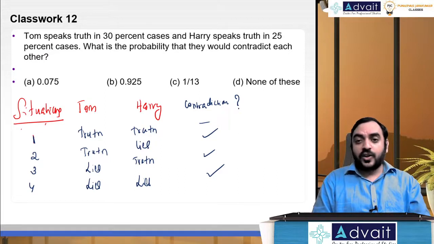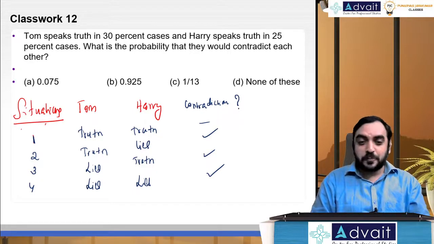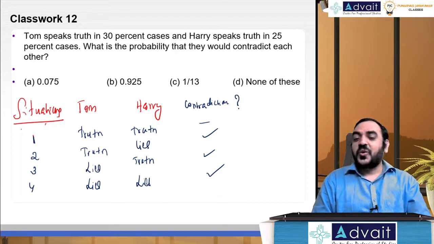Your dad called the third person. Is my son studying with you? The other person tells, yes dad, speaking. He's one more extraordinary guy. You understand, right? All are telling a lie, but they were not telling the same lie. Anyway, so even if both of them are lying, there will be contradiction.